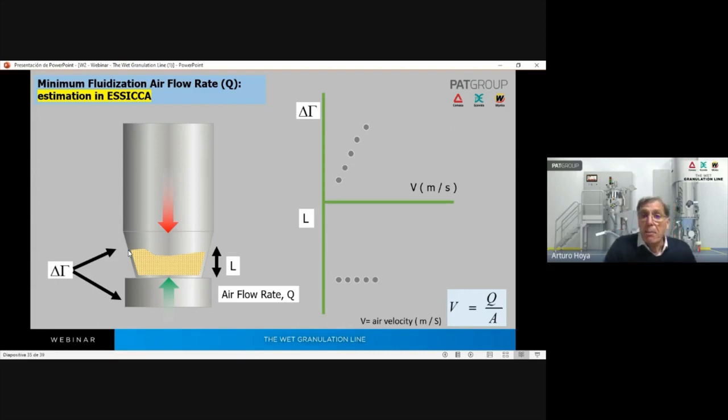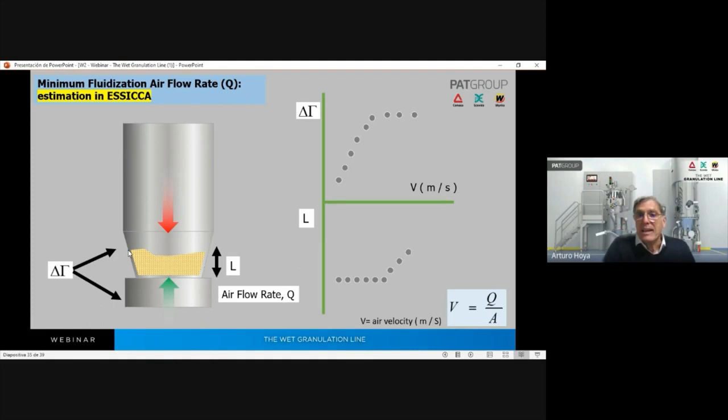At a certain moment, an increase in the flow rate no longer increases the differential pressure, but increases the height of the bed.